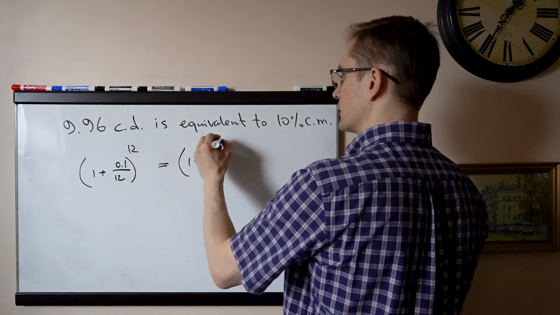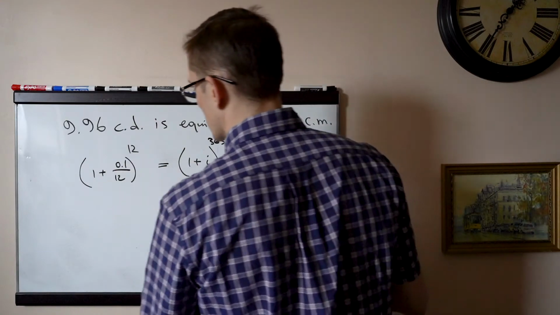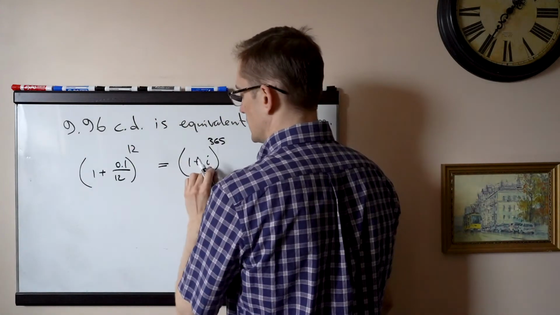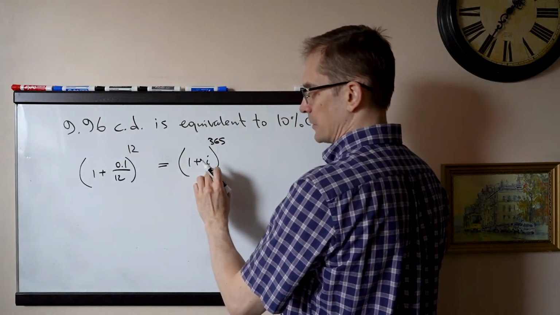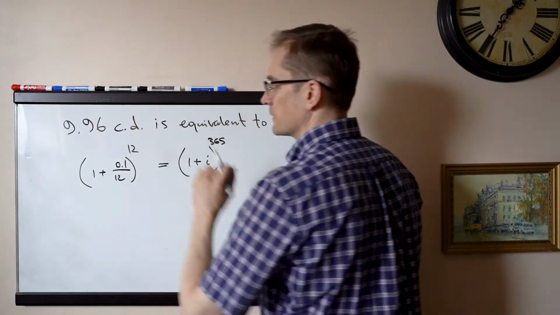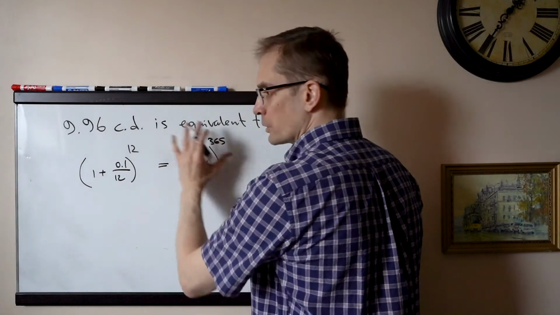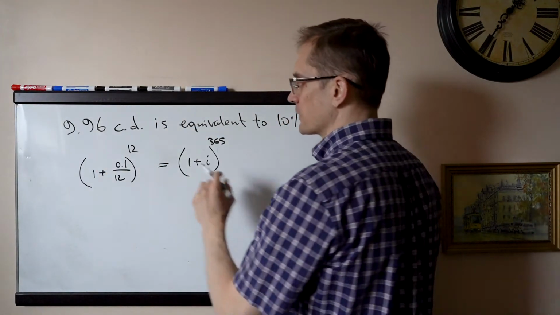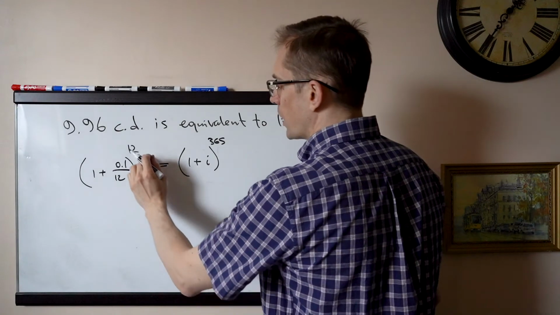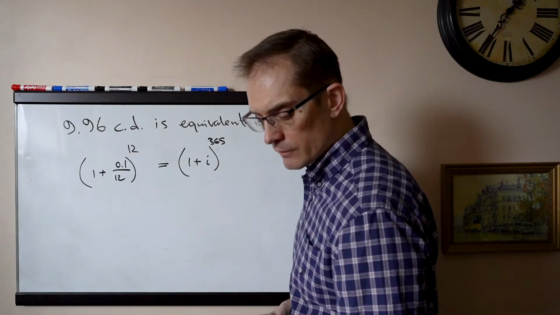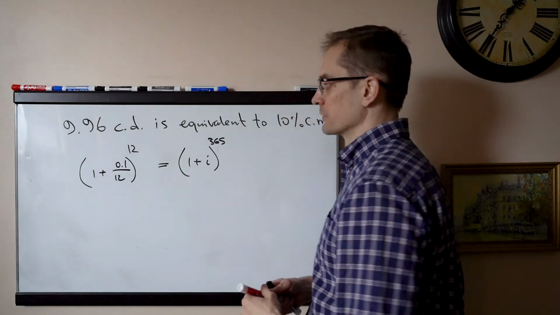That was our original equation that we used to calculate I, which helped us to find this nominal rate. But the reason I restored that equation right now is because I want to show you why, when these rates are equivalent for 1 year, they are going to be equivalent for any number of years.